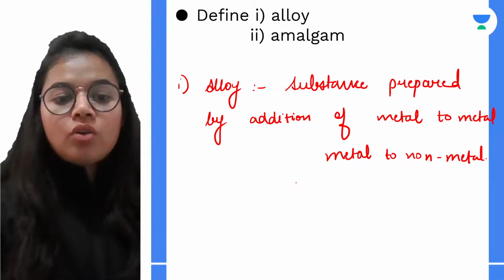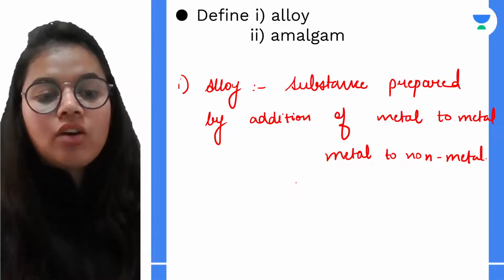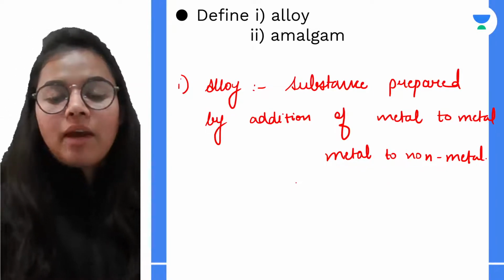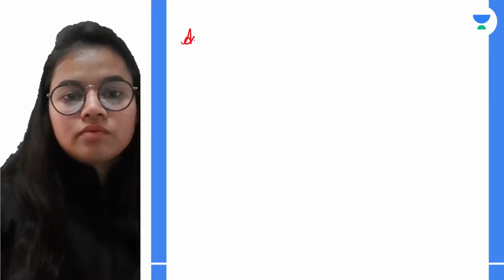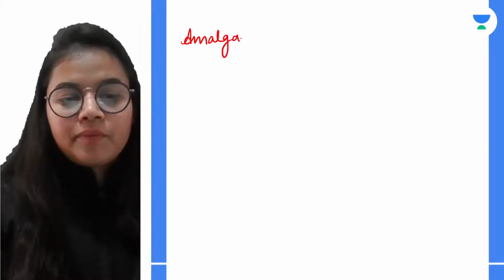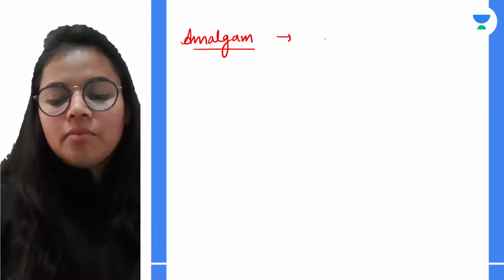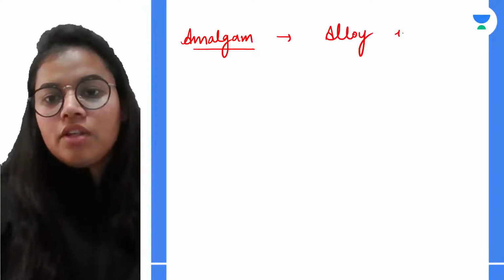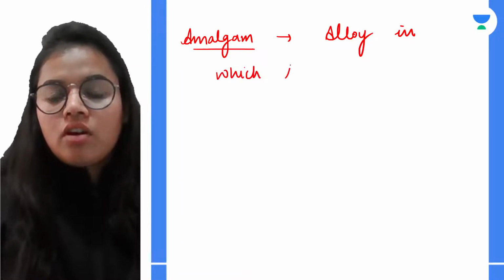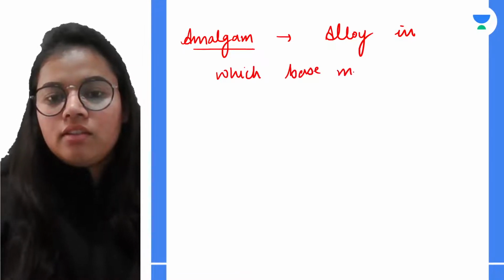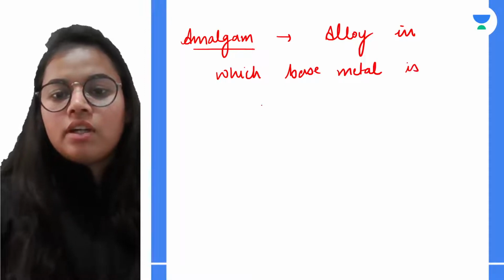Now let's move on to the next definition, that is amalgam. So amalgam is an alloy in which one metal, or we would say the base metal, is mercury.